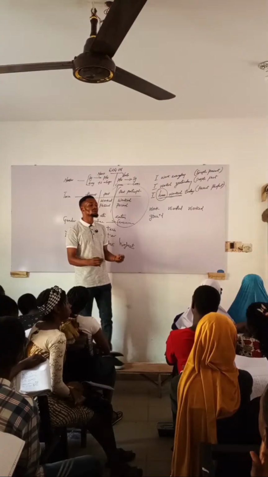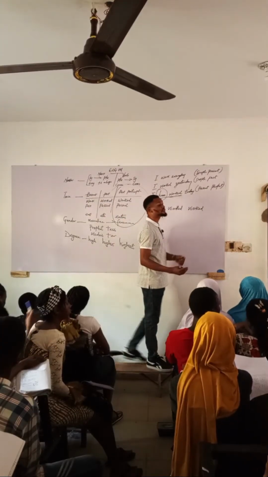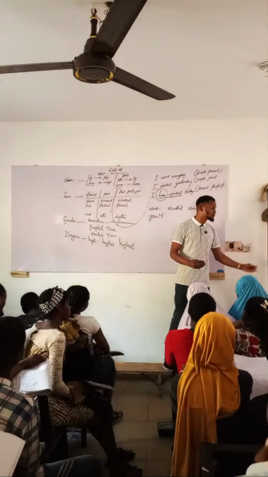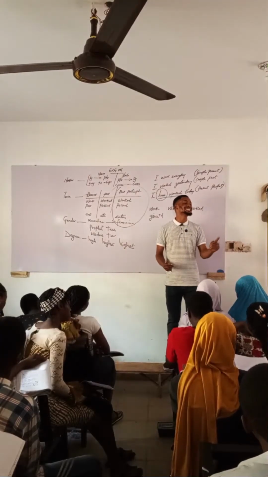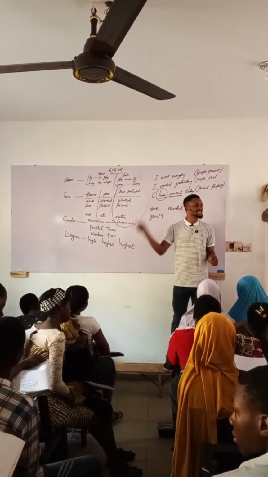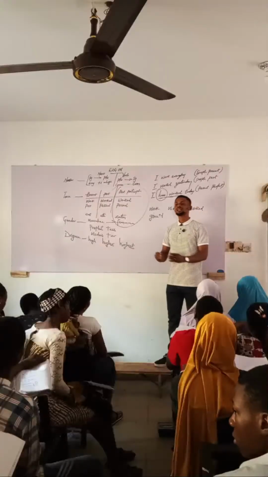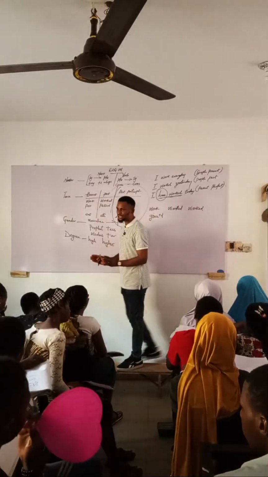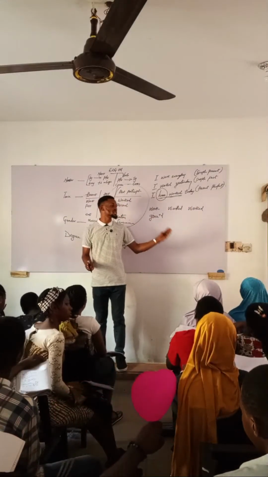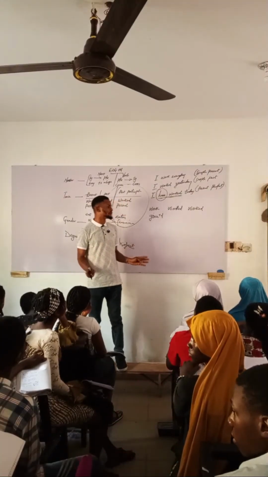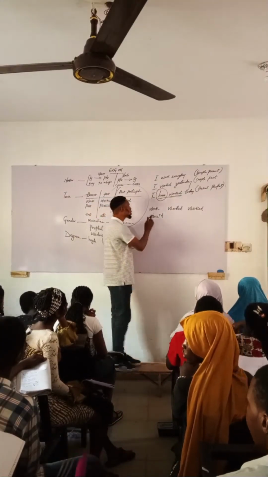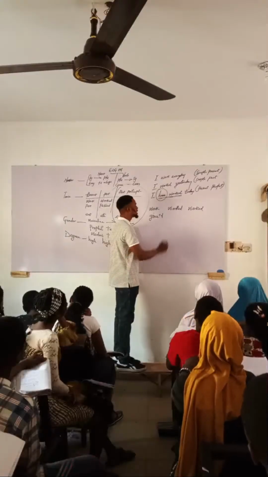That brings us to the concept of irregular verb. Irregular verbs are those verbs that form their past and past participle without adding d or ed. Rather, they form it in a distinct form, either by replacive morpheme or by zero morpheme. So in this case, we are going to replace this i with a.